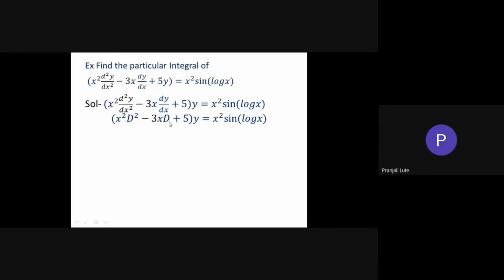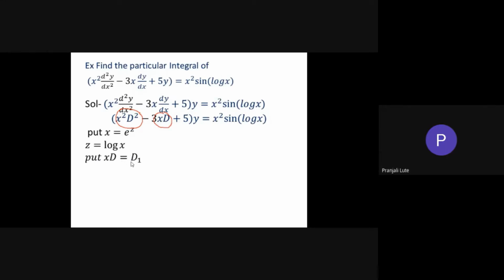We have to reduce this differential equation into a linear differential equation with constant coefficients. So we use the substitution x equals e to the power z, z equals log x, xD equals D1, x square D square is D1 into (D1 - 1). We use all these substitutions in the differential equation.